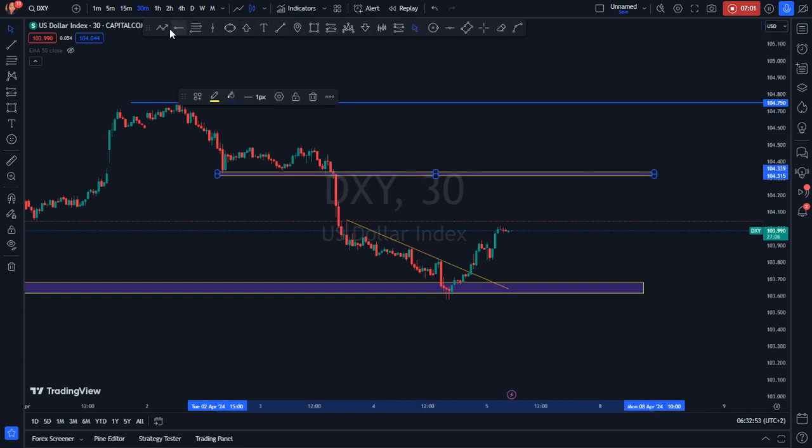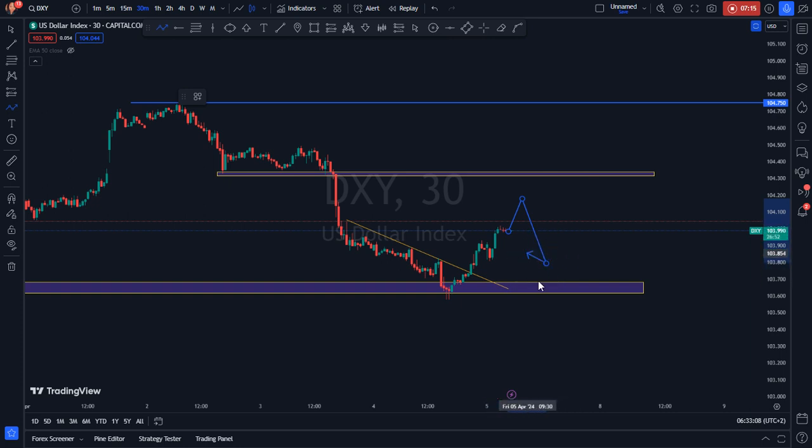Because remember, the market can't just be in an impulsive without correction. So if this was the impulsive and then it corrected and then gave us another impulsive, it still needs to correct and then give us another move. And then if this move now fails to break below this point, that is when we're going to be thinking, you know what, the market is going to be going up.